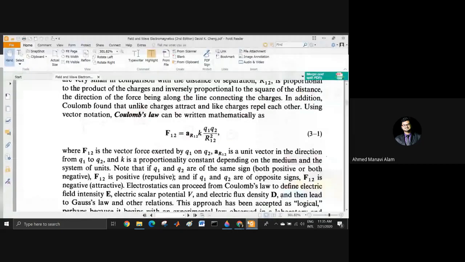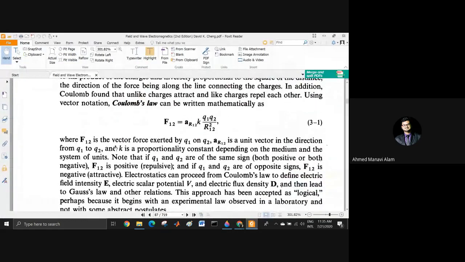This is described here, where F12 is the vector force exerted by Q1 on Q2, a_R12 is a unit vector in the direction from Q1 to Q2, and K is the proportionality constant depending on the medium and the system of units. We know it is about 9 × 10^9.